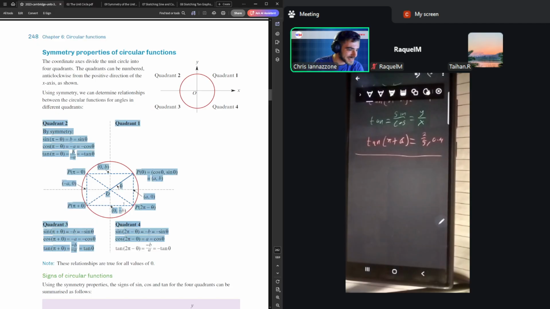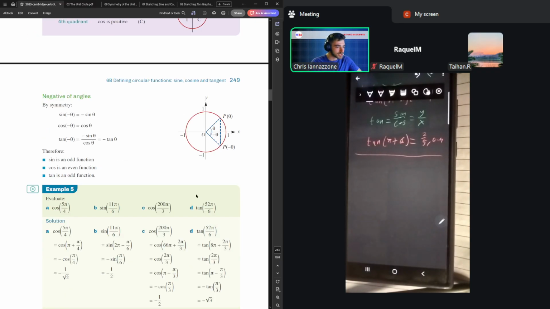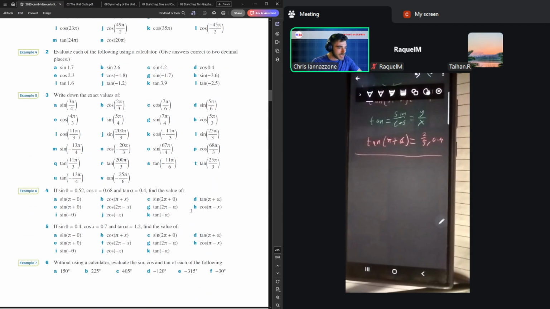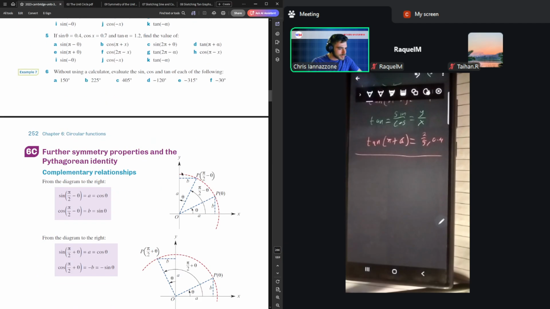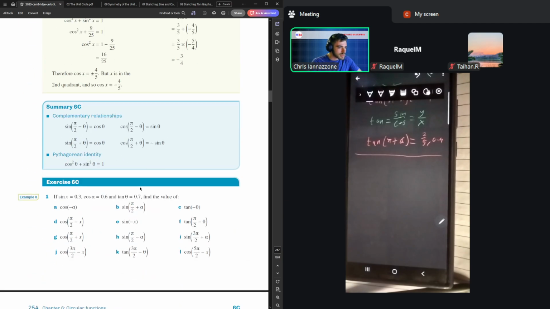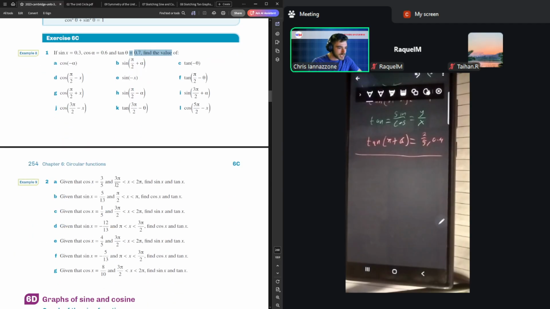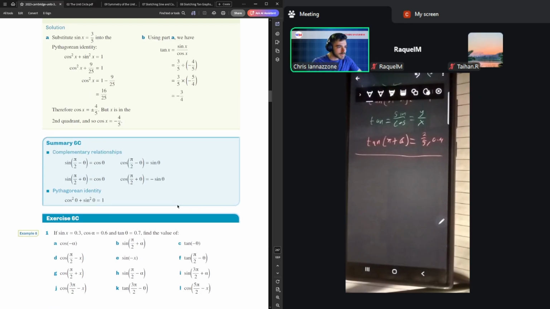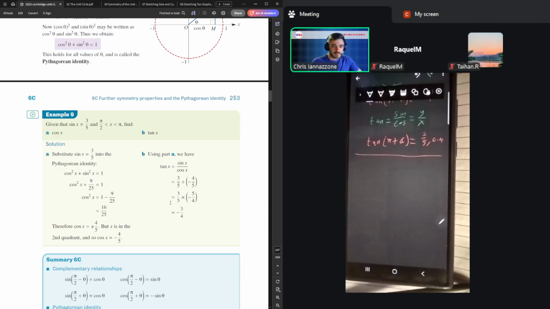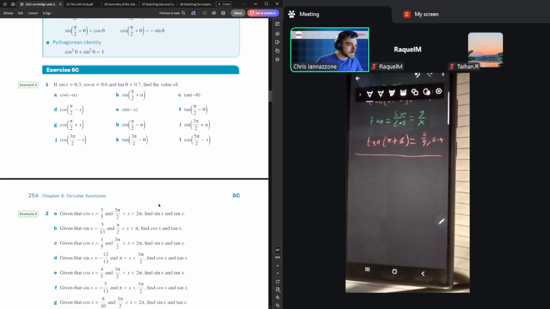But technically speaking, that is a full condensed version of what I've just discussed here, how all of these things flip over each other. If you have a look at how the book is describing things, it just says find values, and even in here, it should probably also just say find the value of. There's not too many of these kinds of questions. So it's purely just a method, basically.